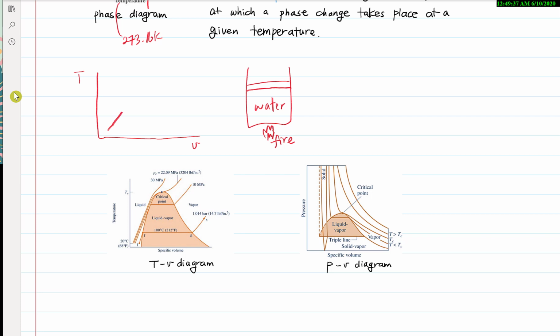At some point, water reaches 100 degrees Celsius and starts to boil and vaporize. The phase change from liquid to vapor takes place. This is saturated liquid.